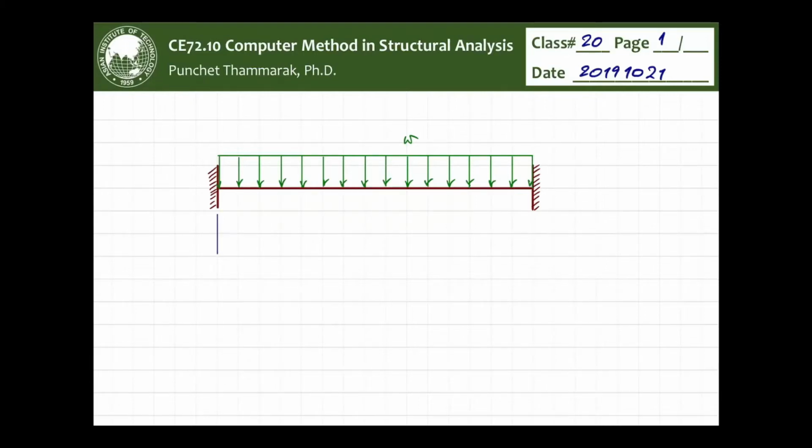So basically we have a reaction like this. We have, of course, the axial force that is applied like this, and we have the moment applied to this structure.